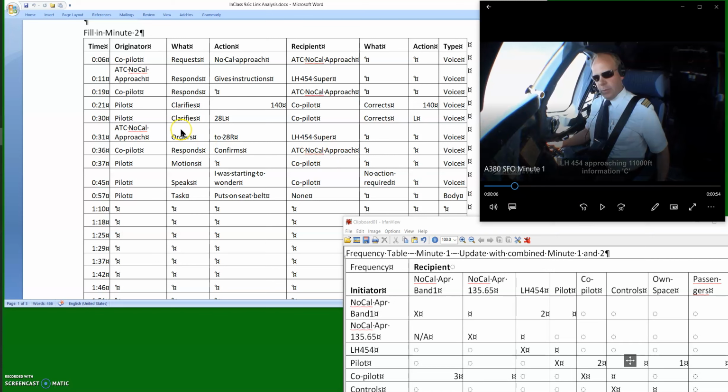In the first 6 seconds of this video, the co-pilot, the one in the right seat in the cockpit, is about to make a request. So let's play that back.